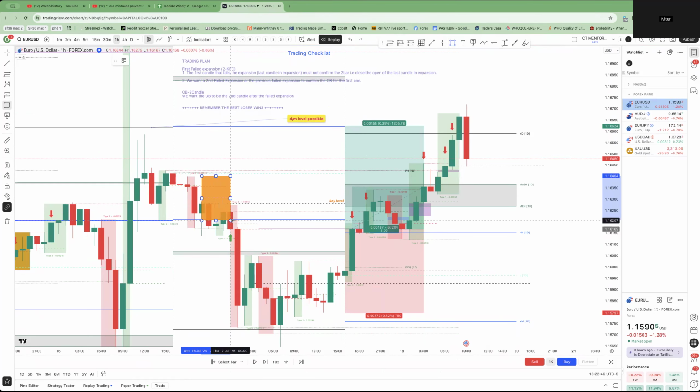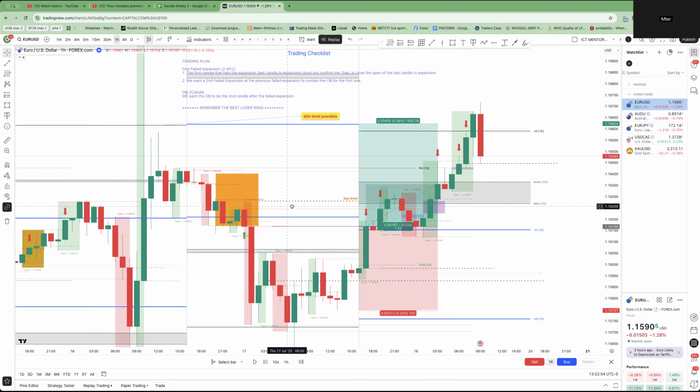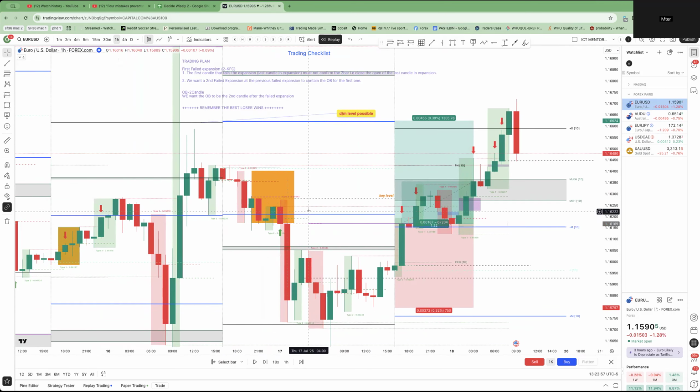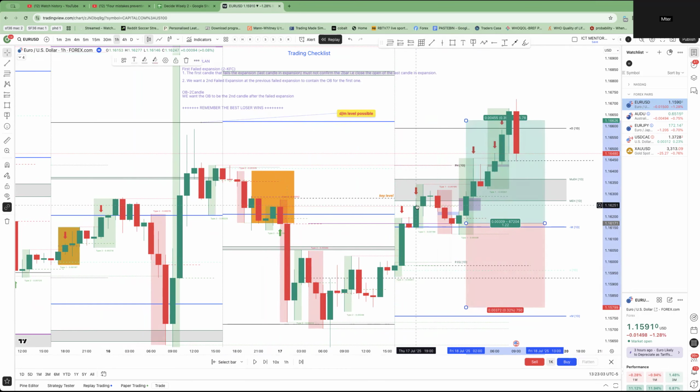I usually like to draw this so you know what I'm referring to. Oh, okay, wrong. I thought this closed below it. Apparently it would even have been up here. So, and this is the key level.